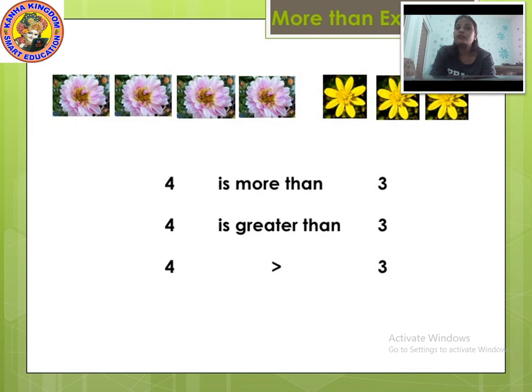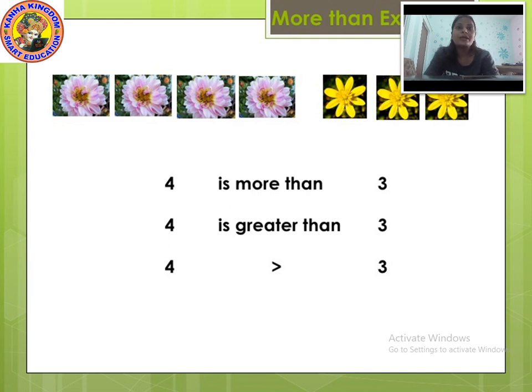Or if you don't want to write it like this, then we can put the sign of greater than. You can see in this picture which sign we are using. This sign is the greater than sign.